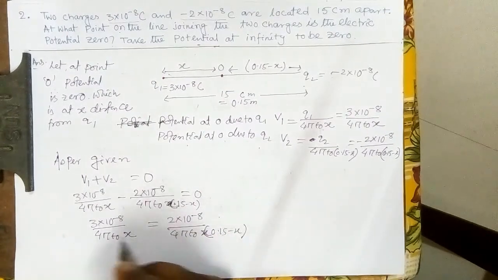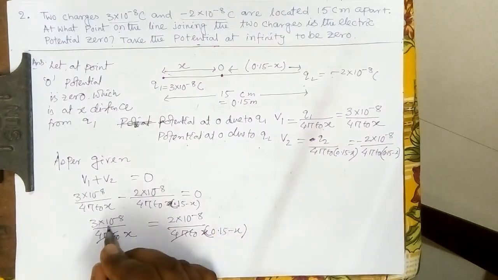Okay, now cancel 4 pi epsilon naught and 10 to the power minus 8.